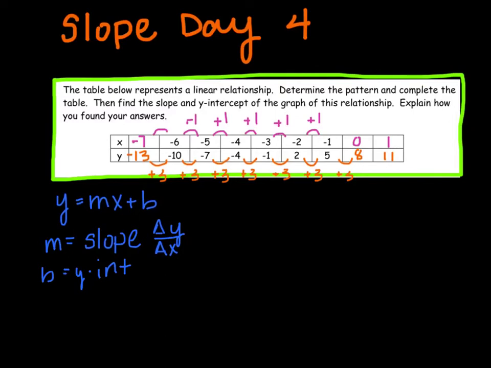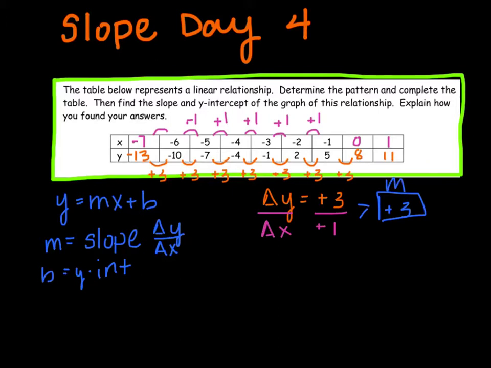In my table here, the change in the y value was to add 3 each time, where the change in the x value was to add 1 each time. So we have +3 over +1 for our slope, which just becomes +3, because 3 divided by 1 is just 3.